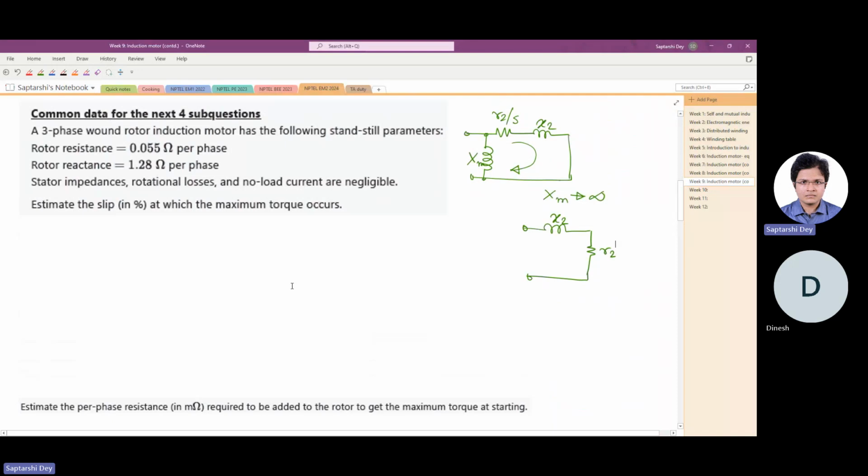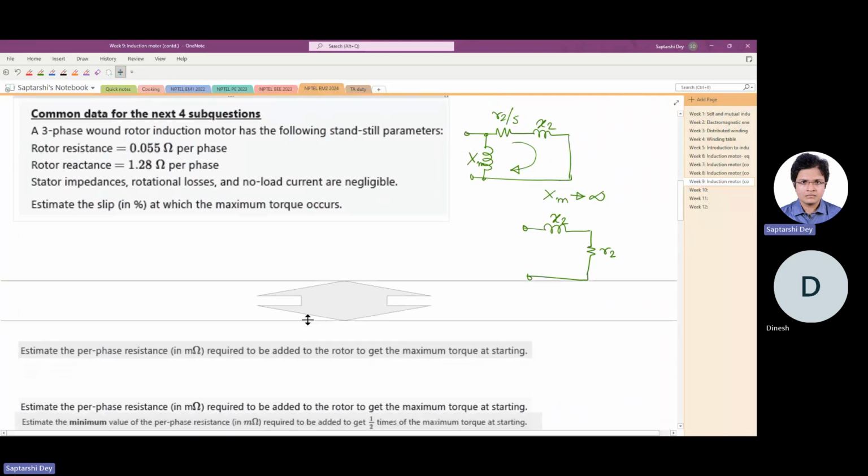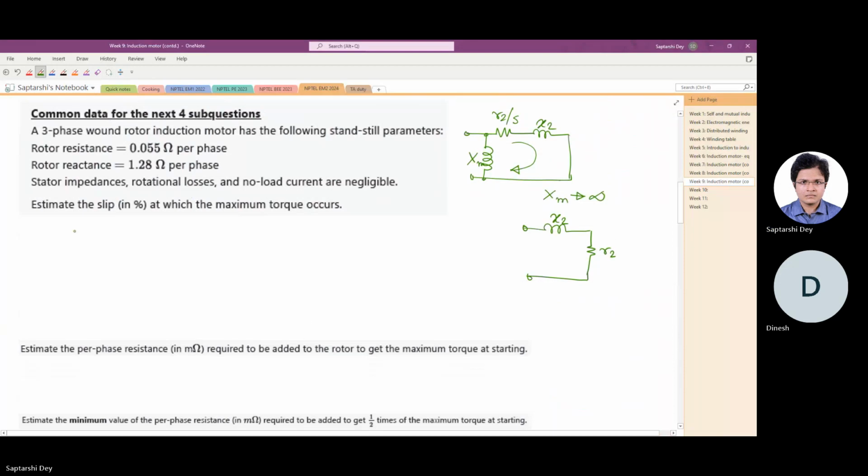So the first question is: estimate the slip at which the maximum torque occurs. We have already done this.